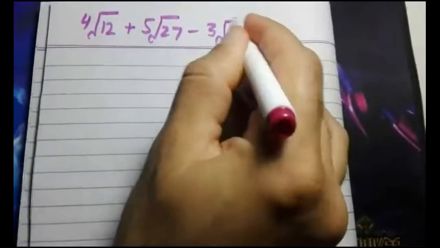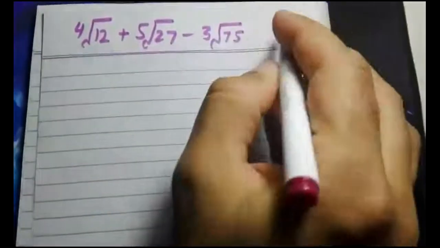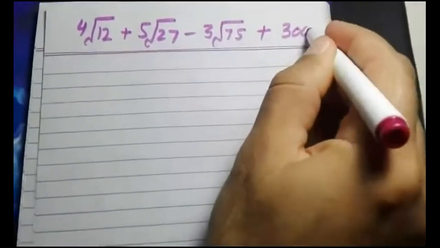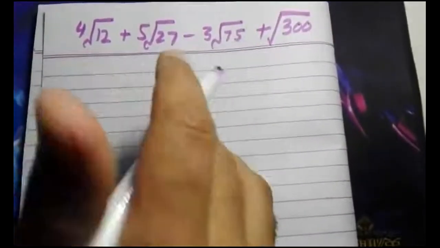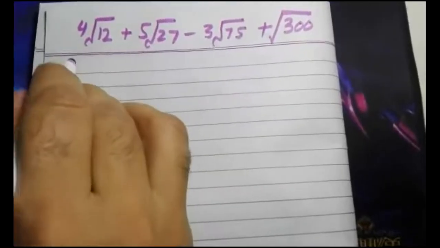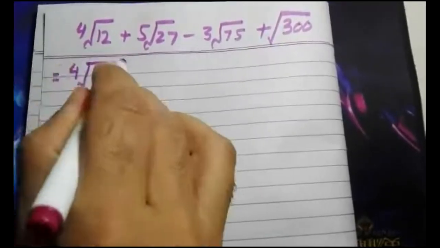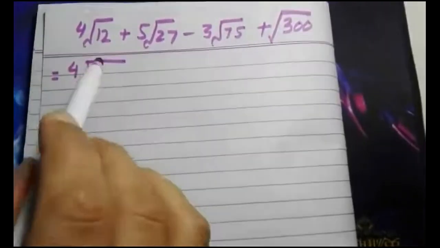Okay, next question is, 4 times under root 12 plus 5 times under root 27, 3 times under root 75 plus 300 radicals. So this time there are the 4 terms, but the concept is very simple. What will you do? You will transform the numbers inside radical signs as prime numbers.